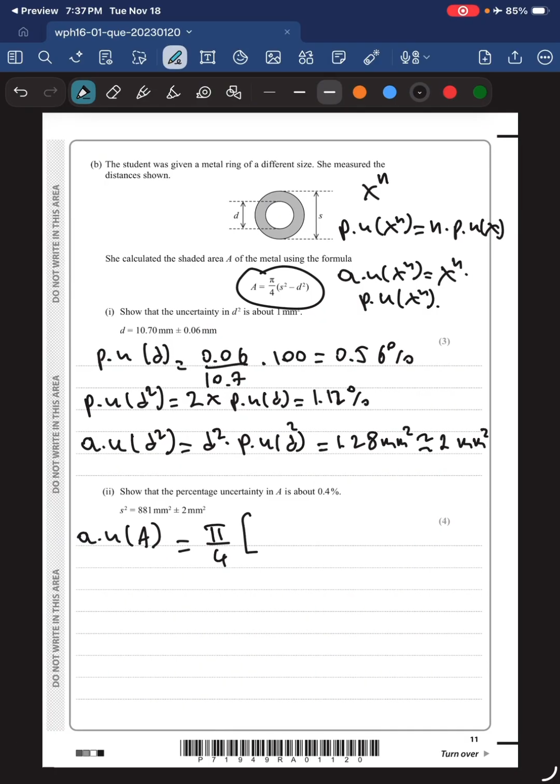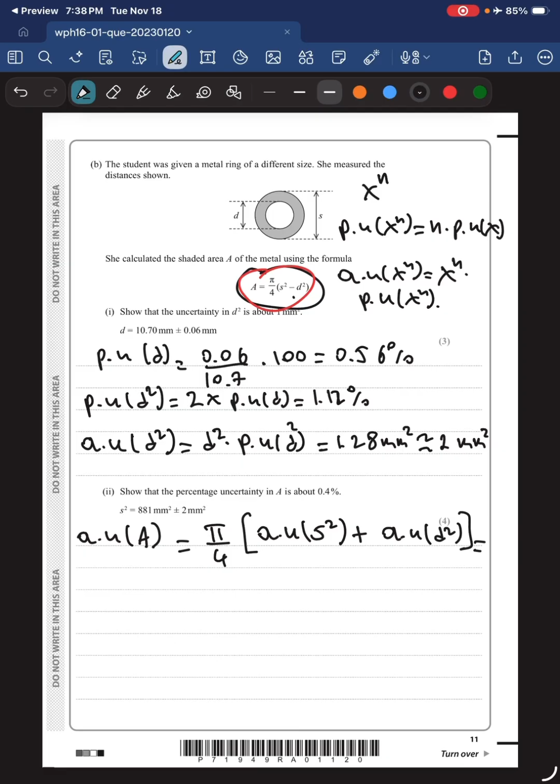Actually, this is a good point to mention this, I think for the first time: I do have a video on uncertainties, so watch that, and hopefully it will help you understand what I'm doing here. So the absolute uncertainty in A is equal to pi over 4 times the absolute uncertainty in S squared, but even though there's a minus there, we have to use plus, the absolute uncertainty in d squared.